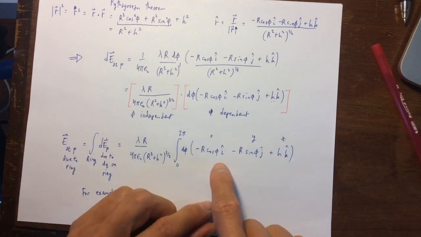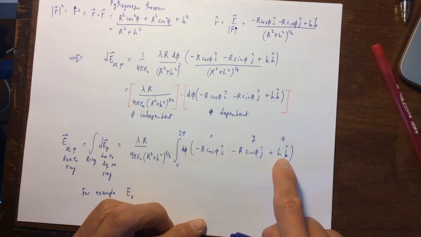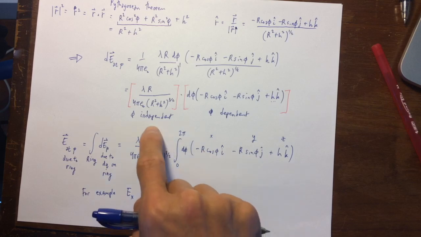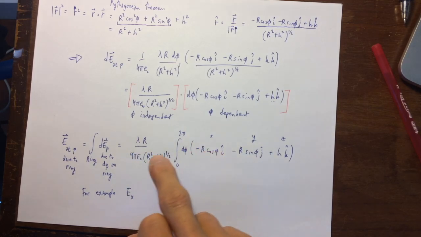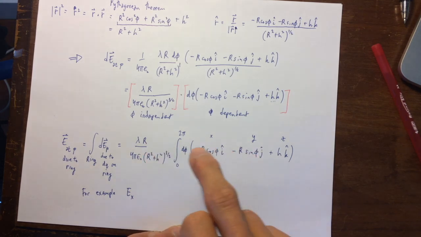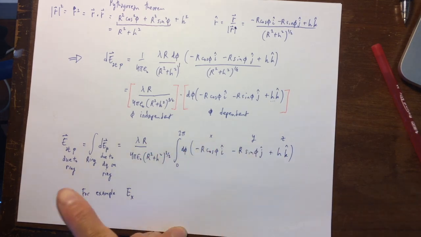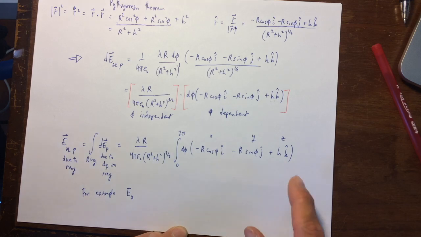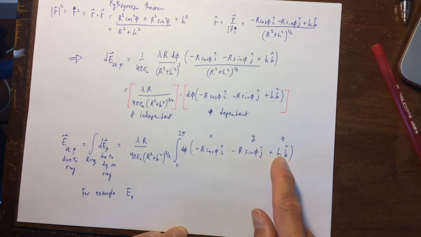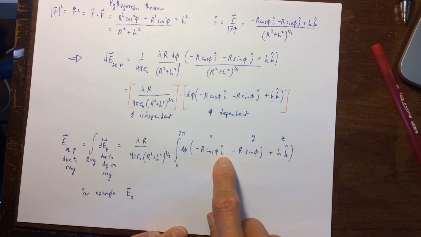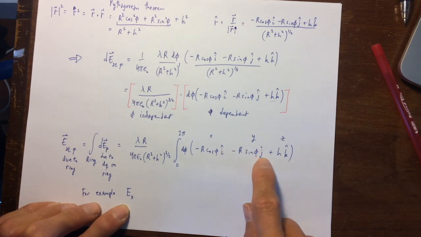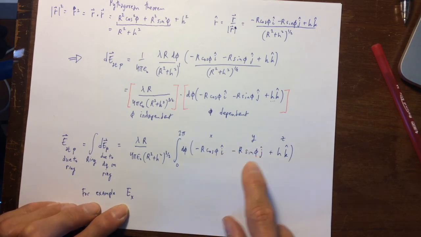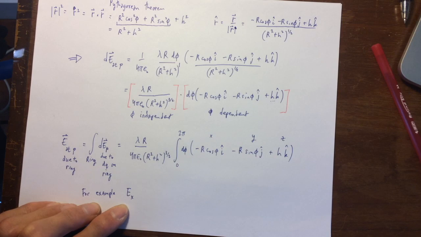And can you see that this is the sum of three terms with a common factor? So this is going to multiply this, as well as this multiplying that, as well as this multiplying that, and then you're going to add all three things together. But even after doing the integral and adding things together, you're still going to be separate in direction. So anything to do with i hat is never going to turn into something that looks like j hat. So the x direction just keeps to itself.